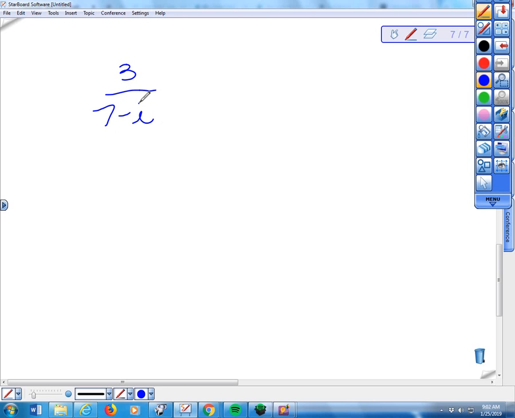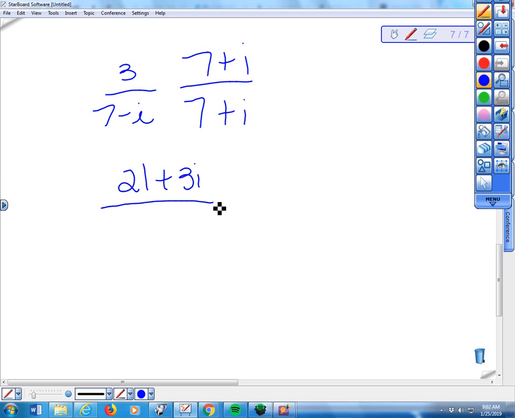Okay, 3 over 7 minus i. I must multiply by the conjugate. Distribute the 3 in. And then FOIL this. Well, there's not going to be a middle term.